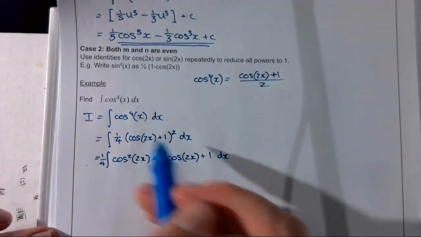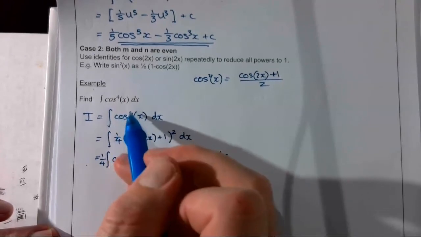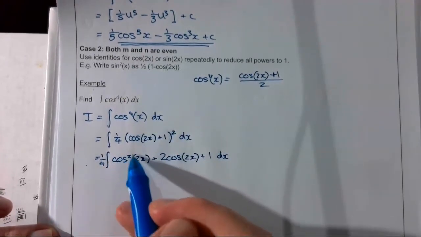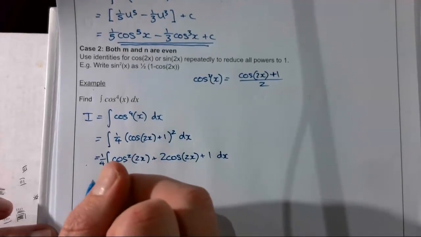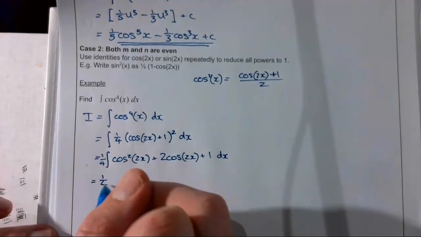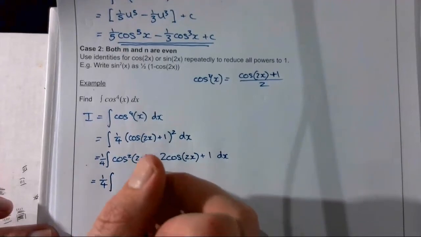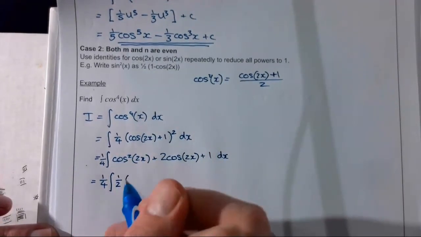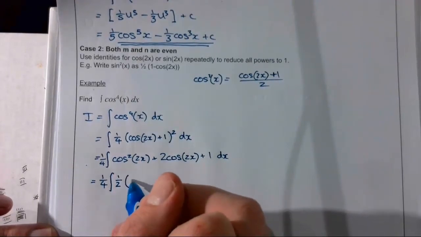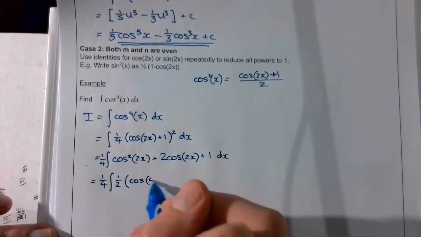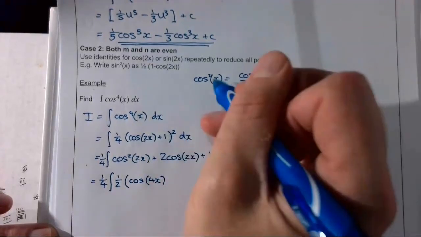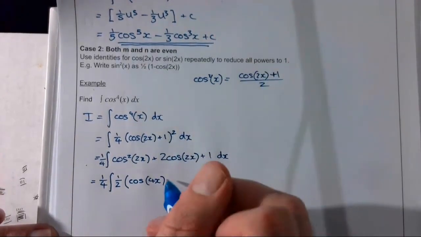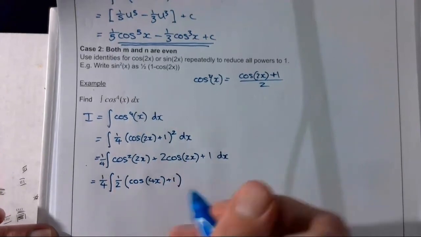And here I can see that I've definitely brought the power down. It's got smaller, but it's still not always 1. I've still got this cos squared. So what am I going to do here? I'm going to do exactly what I did before, and substitute in using this formula. And here I'm going to have a half times cos of 4x, because I'm doubling the angle. I'm using this formula again, but this time with 2x and 4x, plus 1.